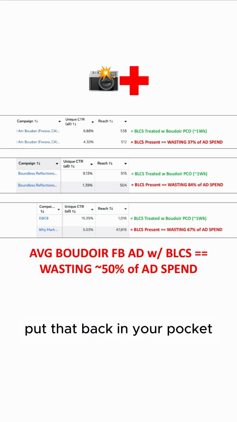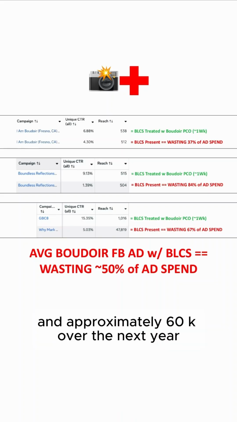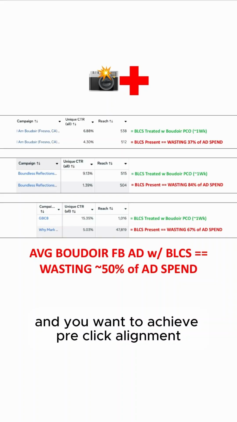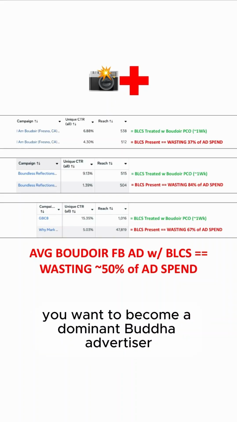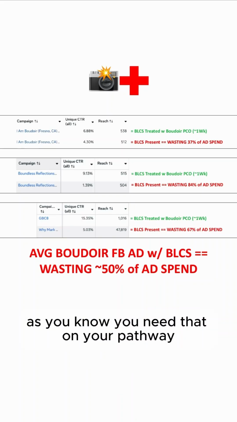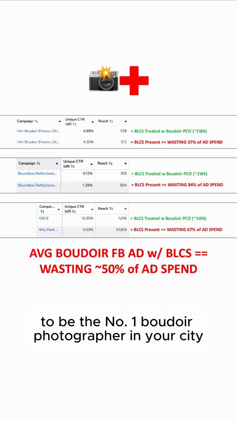Put that back in your pocket that you don't have to spend, so it's not being wasted. And approximately 60K over the next year. You decide you want that outcome, and you want to achieve pre-click alignment. You want to become a dominant boudoir advertiser with Boudoir Brain Entry Boost. As you know, you need that on your pathway to be the #1 boudoir photographer in your city.